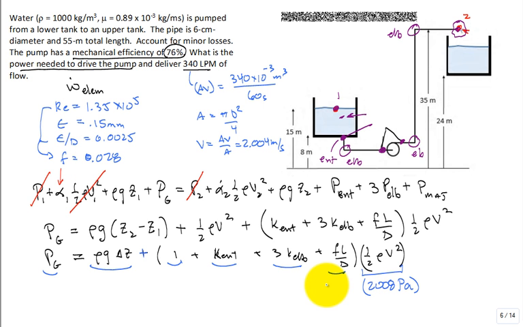So this term right here is 25.67. The 3 elbows are 3 times 0.3, which is 0.9. The entrance is 0.5, the 1 right there.